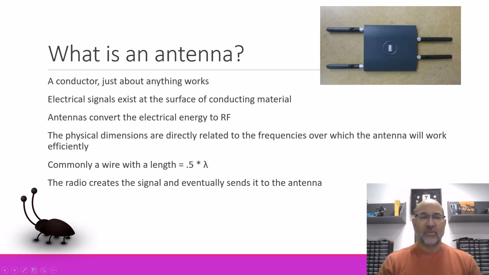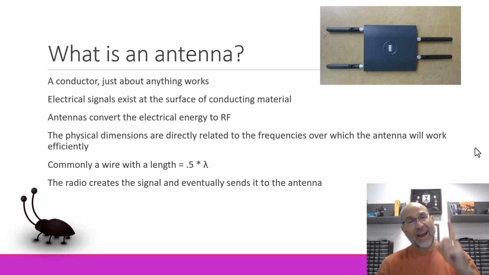Now I've got this little formula down here. Very commonly the antenna is 1/2 of the wavelength. That's what we call a half-wave dipole. And the reason, by the way, I put a rubber ducky on the front of this video is because a lot of times we call the dipoles rubber duckies. But the physical length of the antenna is directly proportional to the wavelength of the frequency.